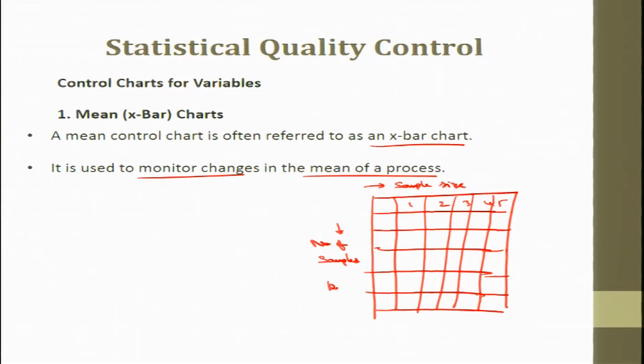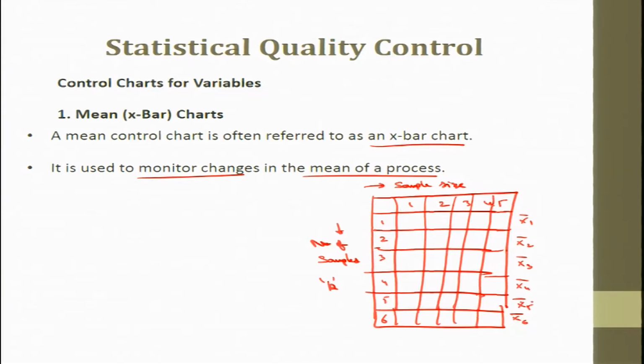If I have taken k samples, I will put the numbers 1, 2, 3, 4, 5, and let me say I have picked 6 samples, and each sample has 5 observations in it. So, I will take the means x1 bar, x2 bar, x3 bar, x4 bar, x5 bar, and x6 bar.